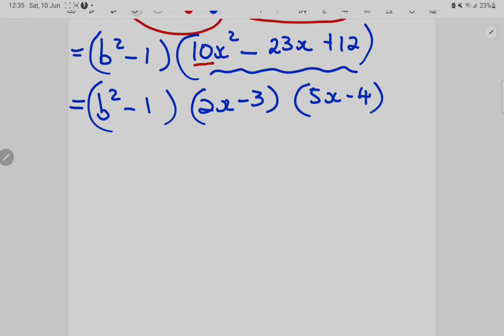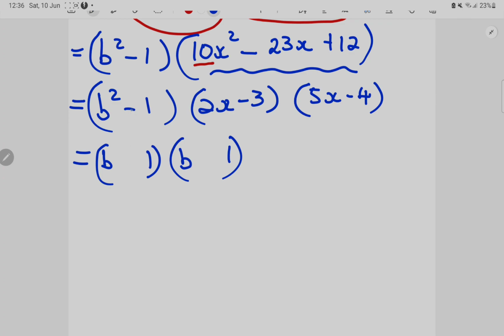So we've got this bracket again, b squared minus 1, which is the difference of two squares. These are perfect squares: b squared is a perfect square, and 1 is also a perfect square. So we're going to open up two brackets for this one. For b squared it's b times b, then for 1 it's 1 times 1.